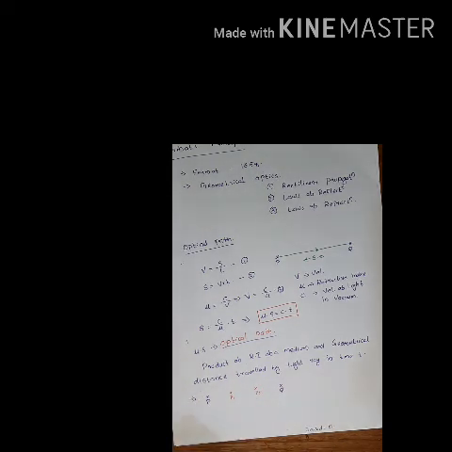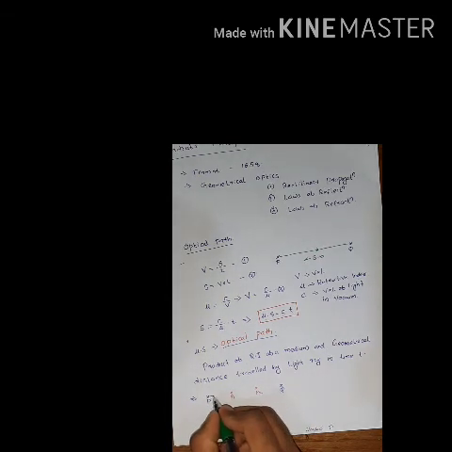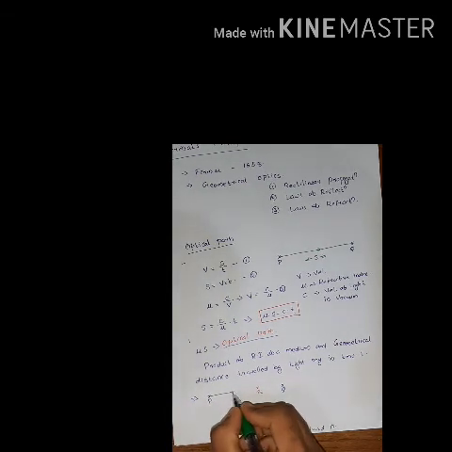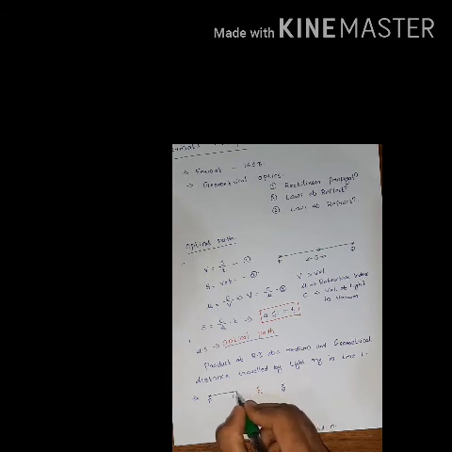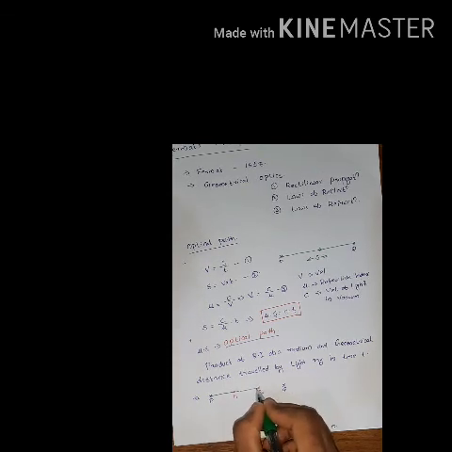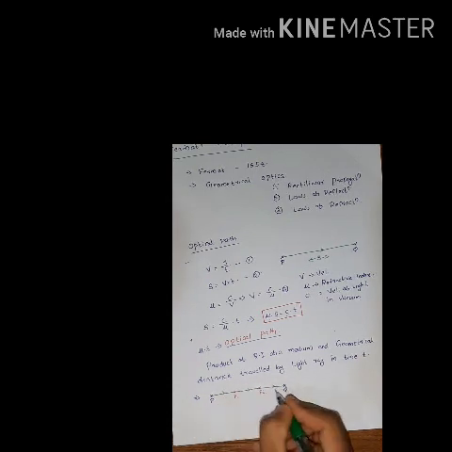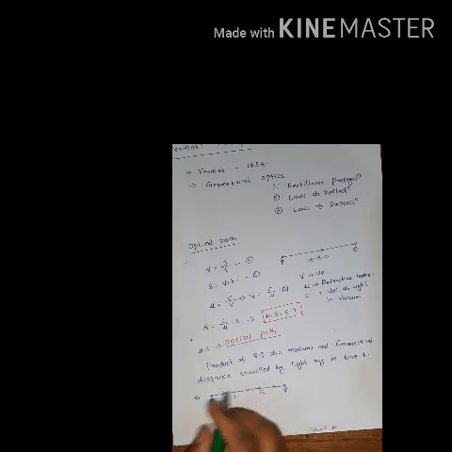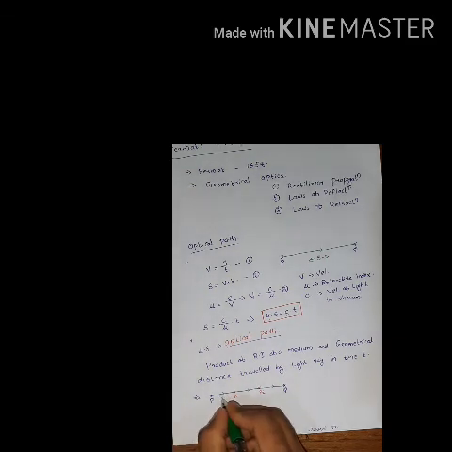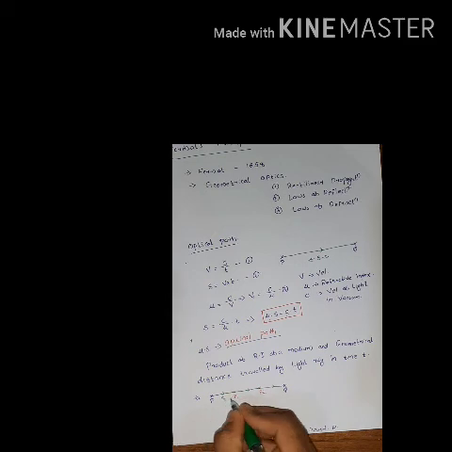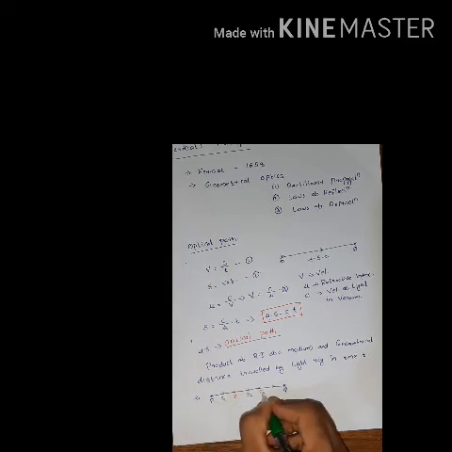So a particular light ray travels from P to Q through P1 and P2. From P to P1 the geometrical distance is S1, P1 to P2 the geometrical distance is S2, and P2 to Q the geometrical distance is S3.